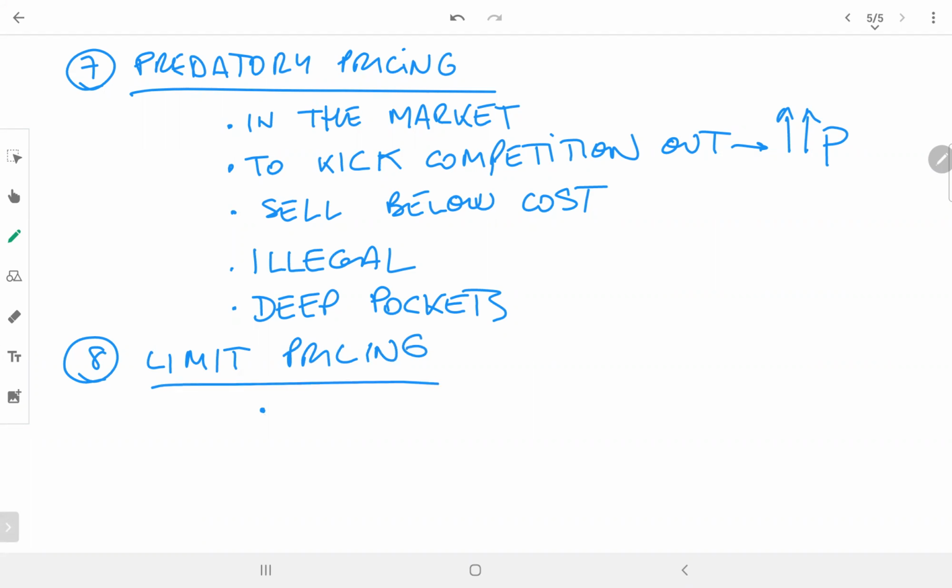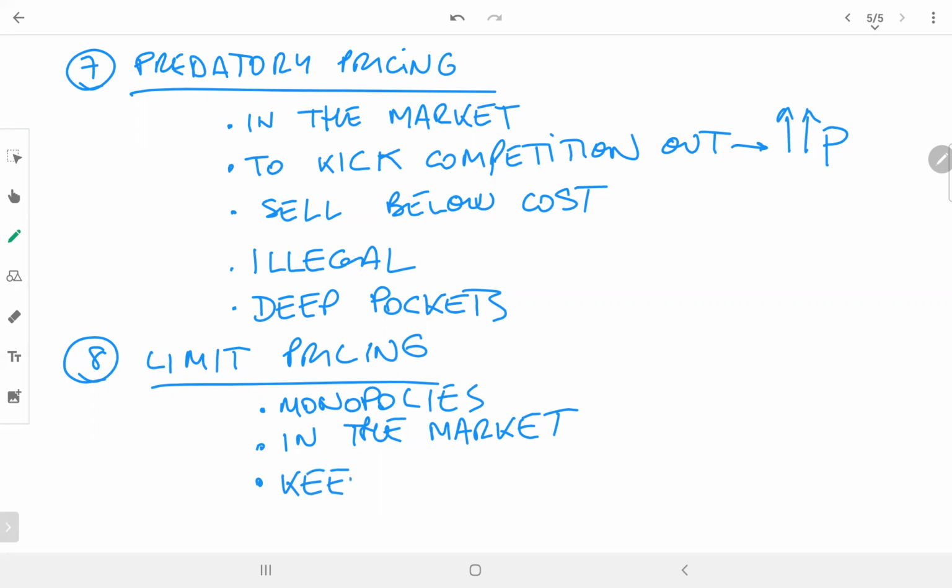Limit pricing is common in monopolies. We are in the market, and it's not that we're trying to kick competition out. We're trying to keep competition out.